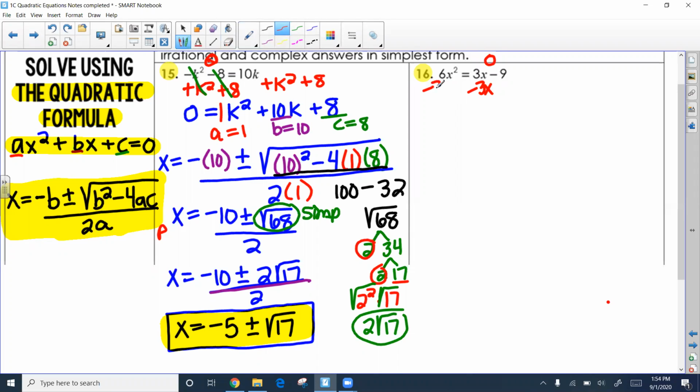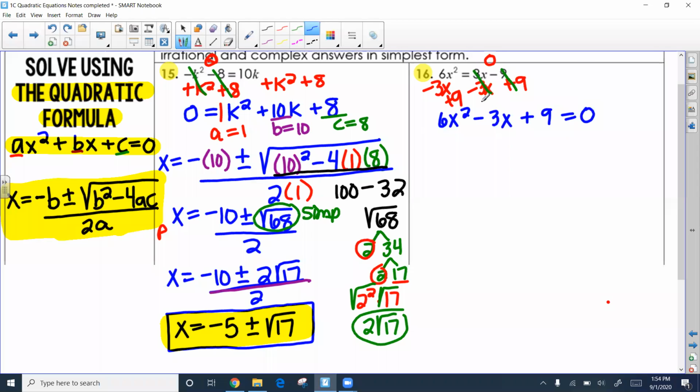Subtract 3x, and then I'm also going to add 9 to both sides. So then on the left side, when I write it in order, I would have 6x squared minus 3x plus 9 equals 0.